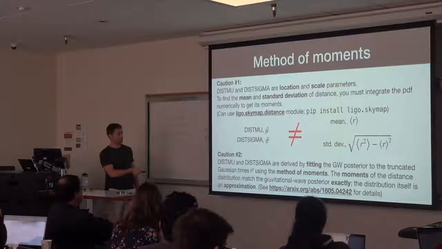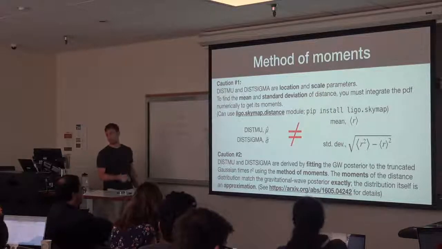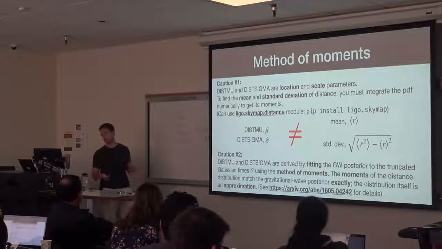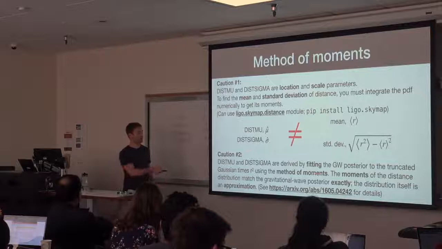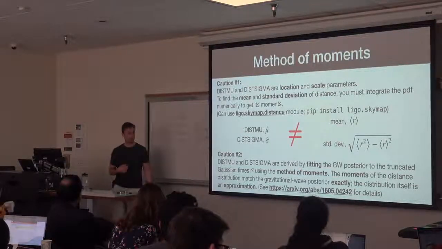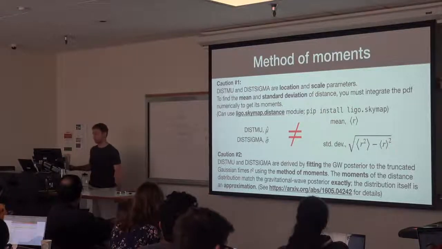So the moments are going to match the posterior exactly. The distribution itself is an approximation, and so that's appropriate. It's not necessarily the thing that you do if you were measuring H naught with large numbers of gravitational wave events.